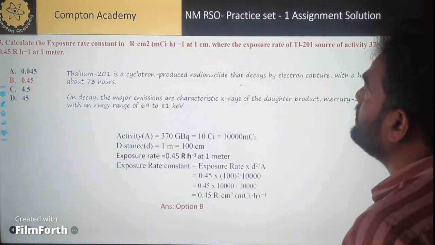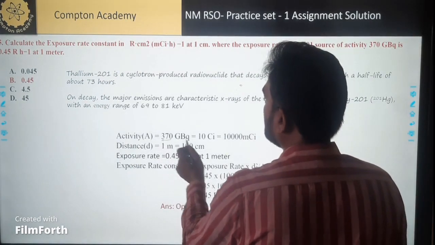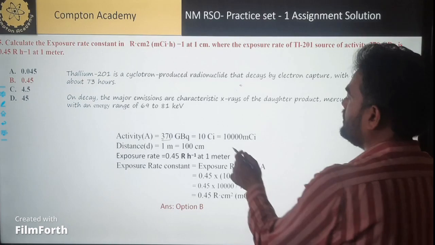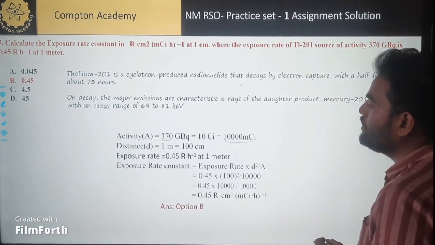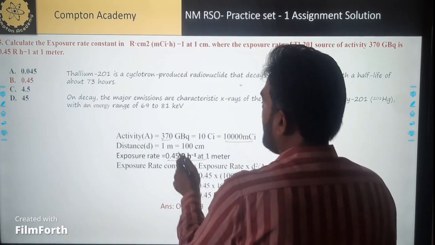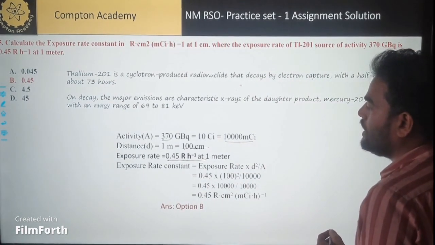You know that thallium is cyclotron produced. So first in this question we will convert this activity into curie, then into millicurie. Here the exposure rate constant has been used, and meter we will convert into centimeter by using 100 centimeter.